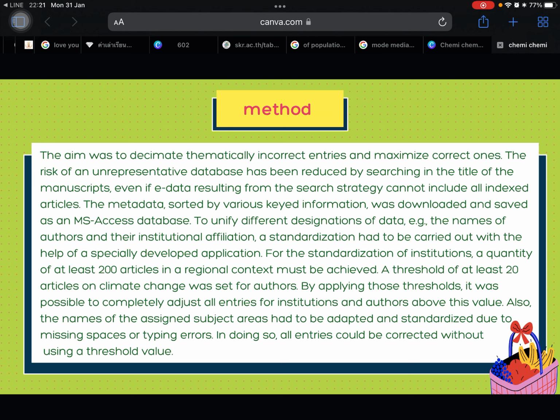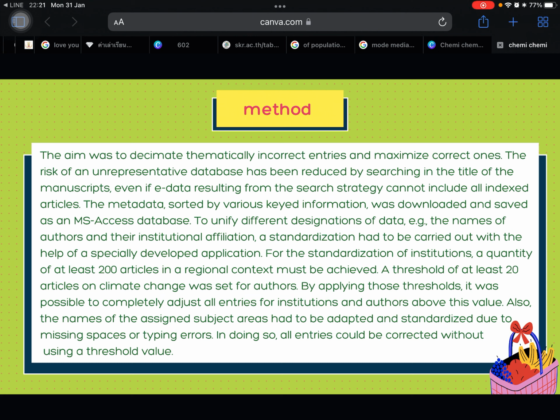The metadata sorted by various key information was downloaded and saved as an MS Excel database to unify different designations of data.